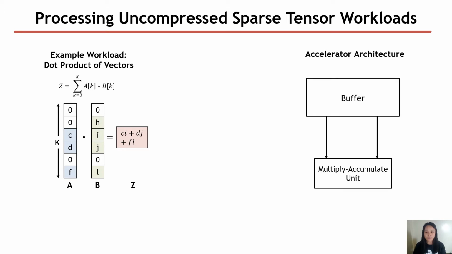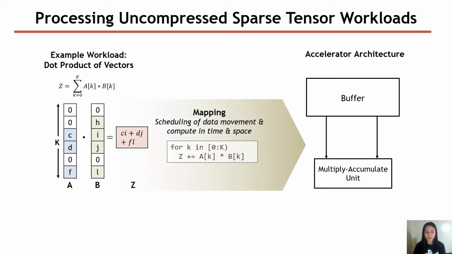We also have a simple accelerator architecture with a one-level buffer and a multiply accumulation unit. In order to process this workload on the accelerator architecture, recall that we need something called mapping. Mapping defines the scheduling of data movement and compute in time and space. As you can see here, we have a simple mapping which points at the corresponding entry in each vector, and does the multiplication and the accumulation.